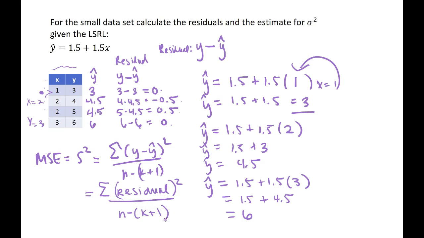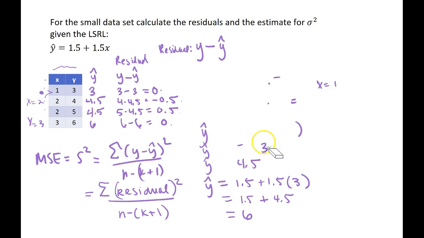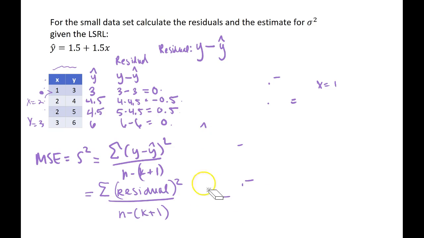So we can easily get s squared by taking the residuals that we've already calculated. This will be equal to the sum of each one of these things squared.